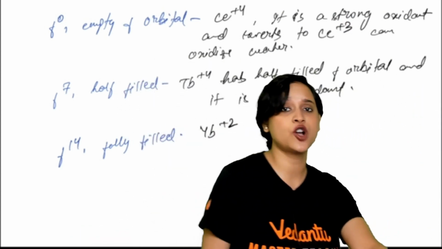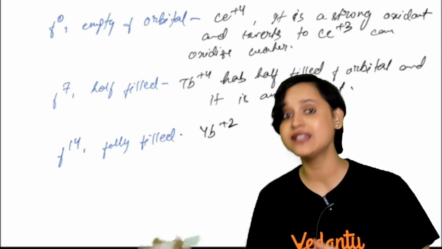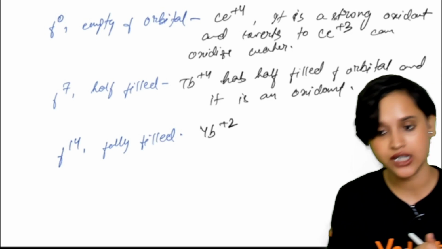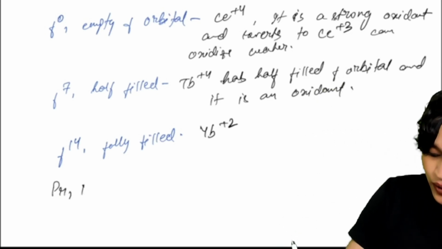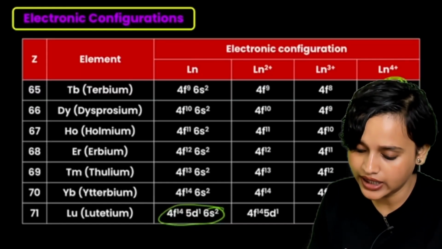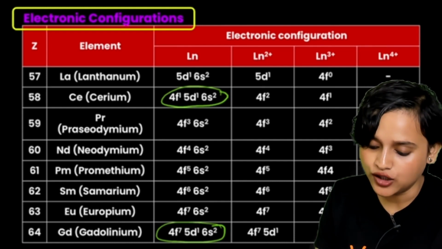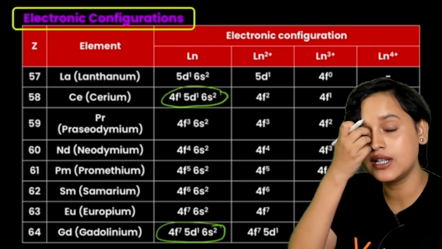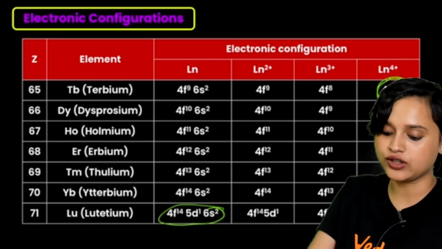Now apart from this, do you think there are other elements as well which will show plus 4 oxidation? Yes, you will see praseodymium, Pr, then you have Nd. Nd is neodymium. Then you will see terbium and dysprosium.